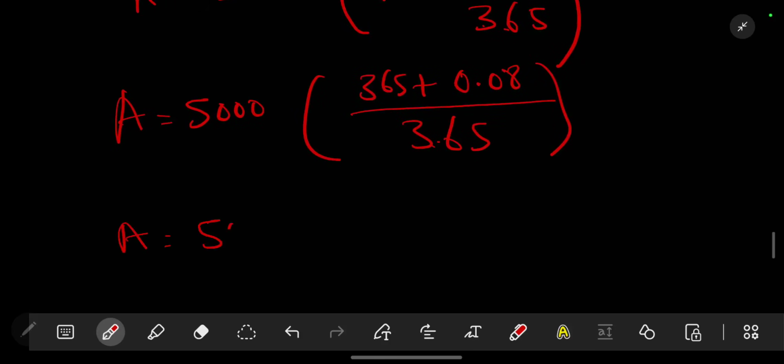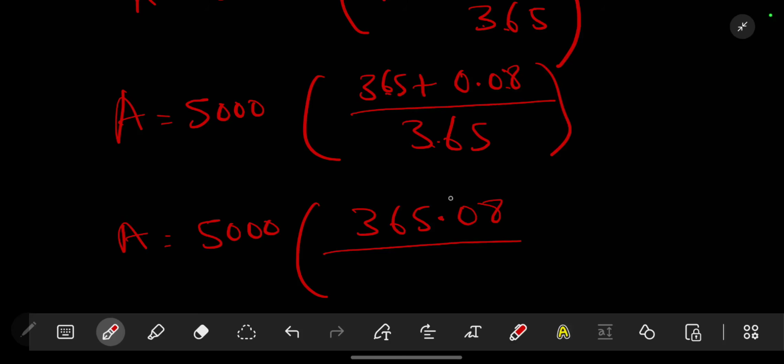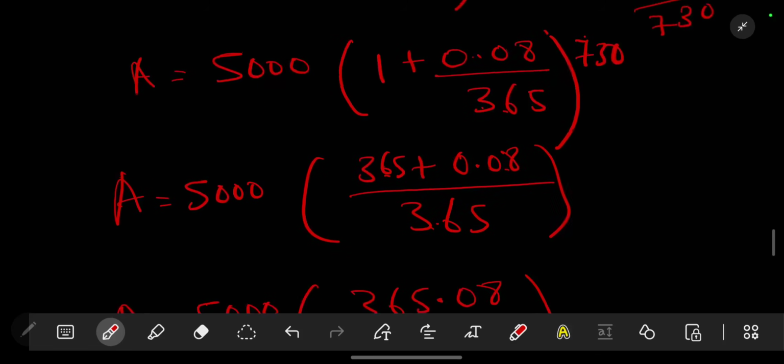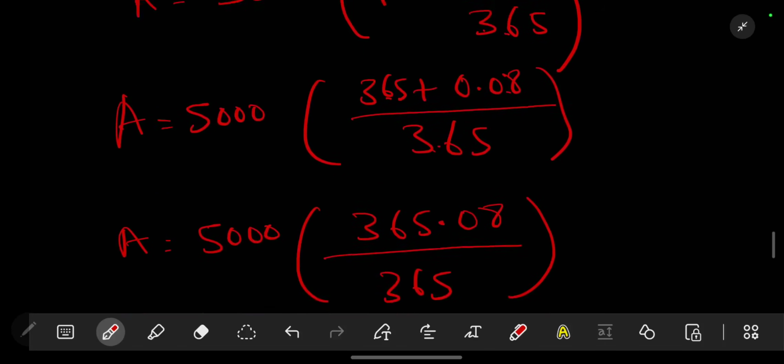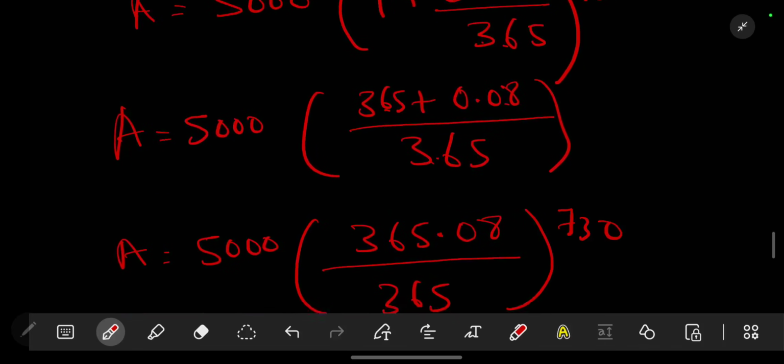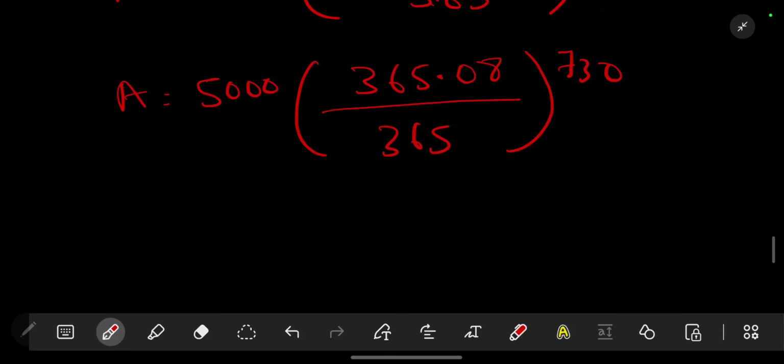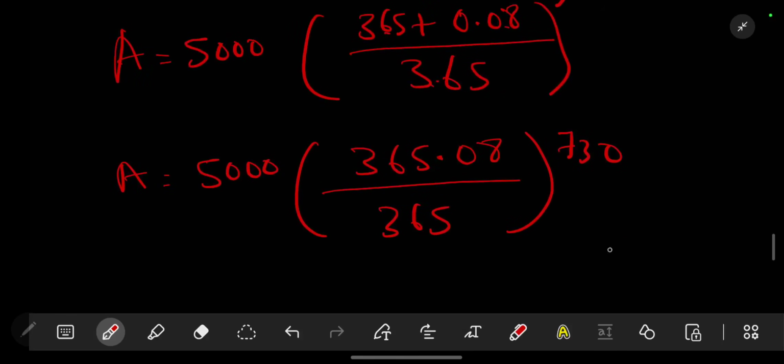So our A is equal to 5,000 times 365.08, because just adding this normally, you can struggle with that. Then to the power of 730. If we are given such a question, we can end here.